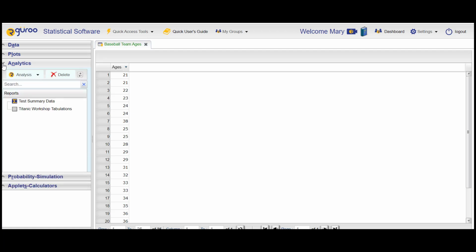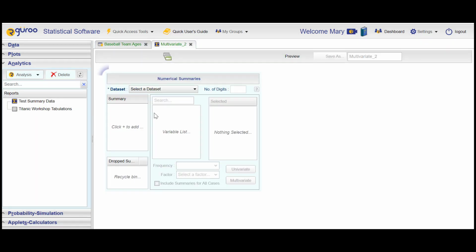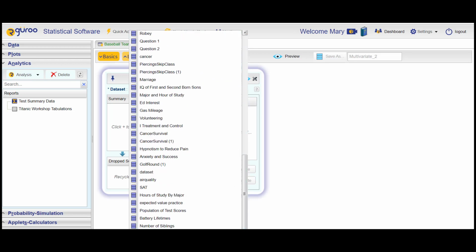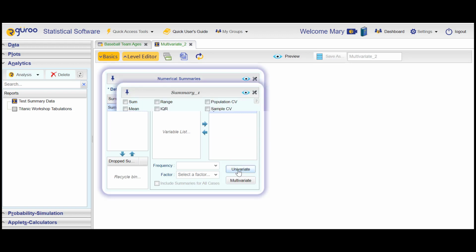Now when I want to find the mean and the standard deviation, I go to analytics. In the analysis dropdown, I choose numerical summaries. I choose my data set, baseball team ages, move the variable, which is ages, over to the selected column and choose univariate.